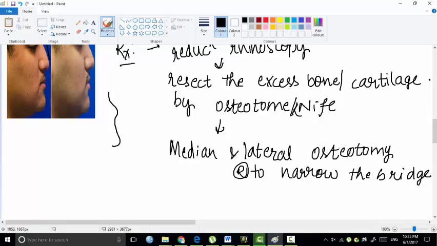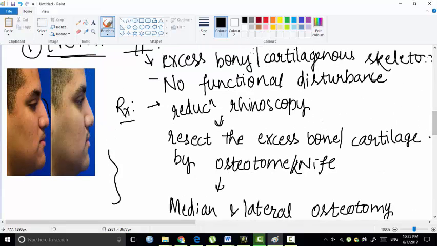I have written it as rhinoscopy. It's not rhinoscopy, it's rhinoplasty, right? So this is about the hump.